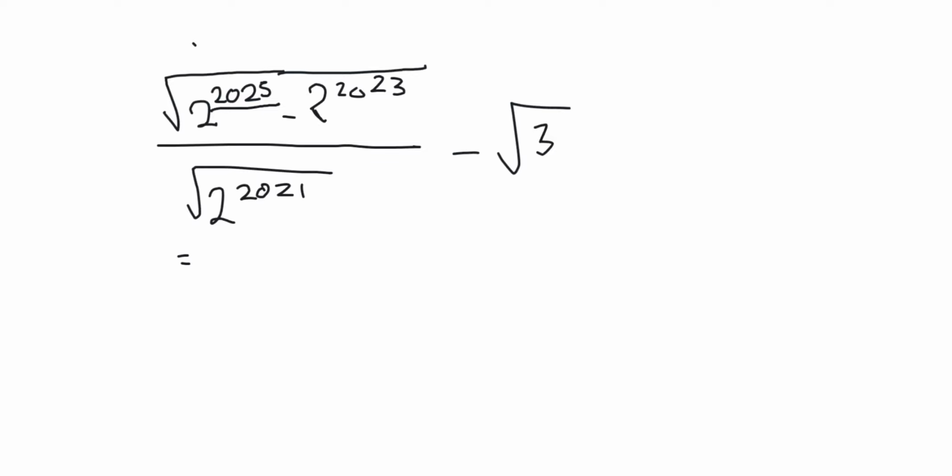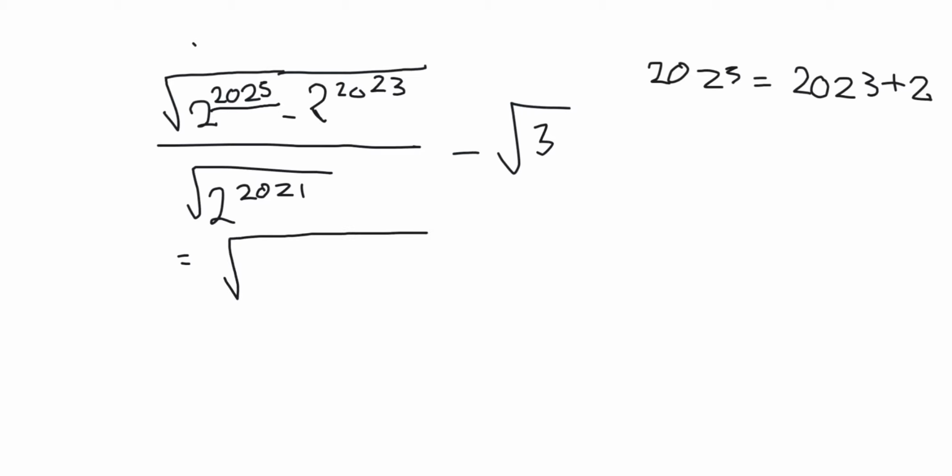Remember, 2025 can still be written as 2023 plus 2, because this still gives you 2025. So this is going to be the root of 2 to the power of 2023 multiplied by 2 to the power of 2, because when you multiply these two powers, 2 to the power of 2023 multiplied by 2 to the power of 2 still gives you 2025. Subtract 2 to the power of 2023.